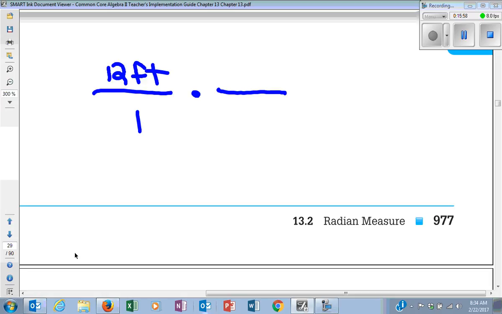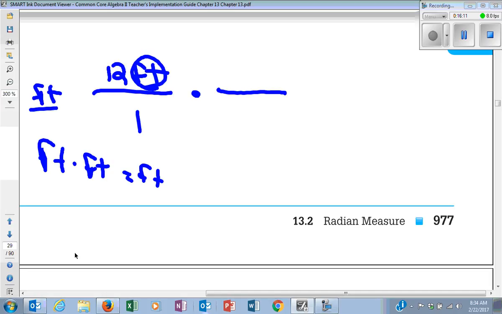Now, do you see feet right here? They cancel out. Just like, you remember how feet times feet turns to what? Feet squared? Guess what feet divided by feet does? Cancels out. So you see how I have feet up in the top? How am I going to be able to cancel the feet out? Is if my feet for this one is located in the bottom. Does that make sense? 1.